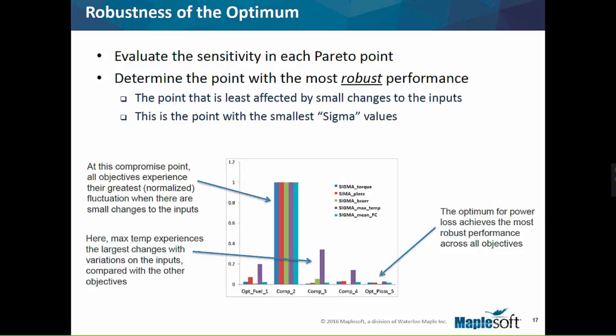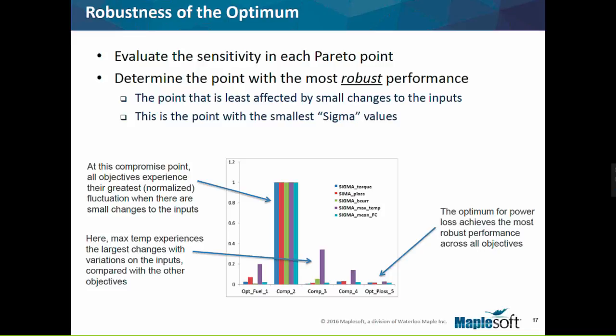The way to determine this is to examine the sensitivity in each Pareto point. Let's cast our mind back to the table on the previous slides. For the second combination of parameters, we see that the fuel consumption is great, but the battery temperature only just comes within the acceptable range. So what happens if there is an ever so slight change in any one of the parameter values?